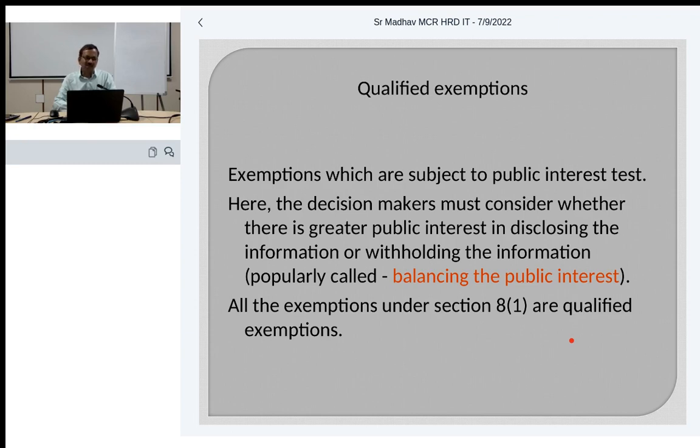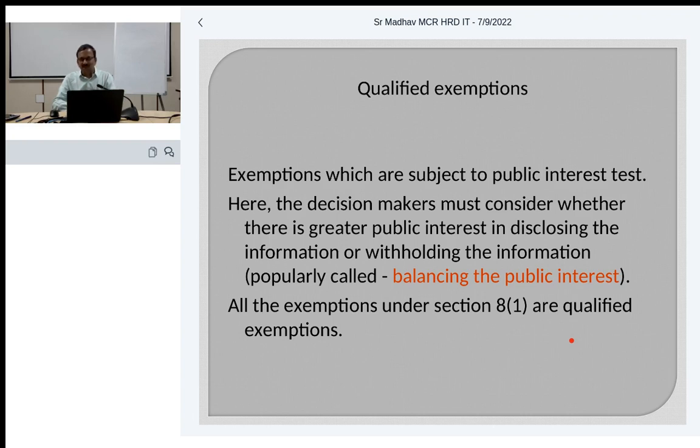Here, the PIO has to consider what are the factors in favor of public interest in non-disclosure, and what are the factors in favor of public interest in disclosure. So this is called the public interest weighing test. After weighing both these factors, the PIO can conclude that if there is more public interest in disclosure, then she may disclose.